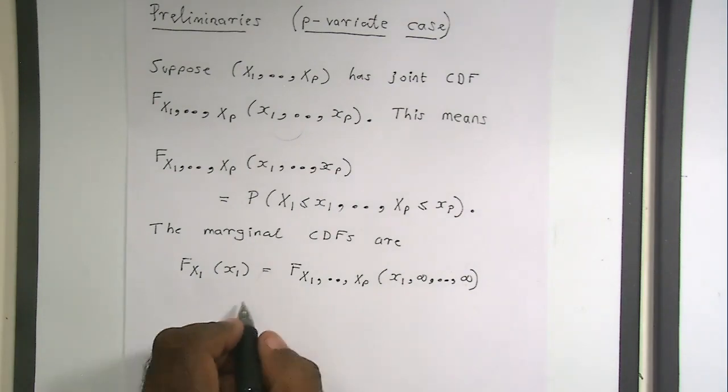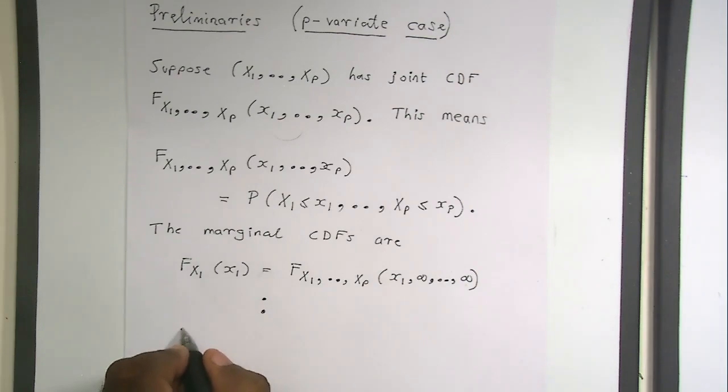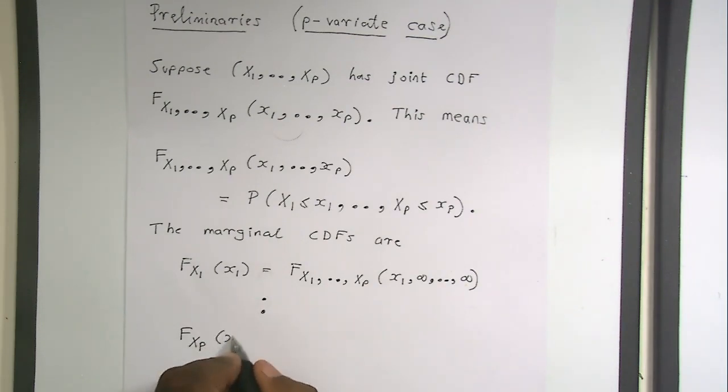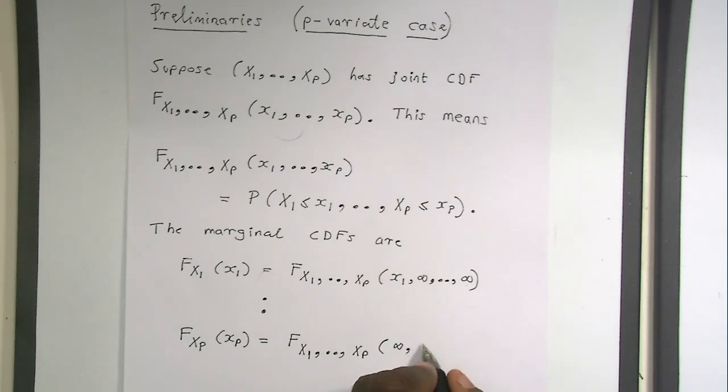And to obtain the marginal CDF of xp, you put everything equal to infinity except for the last one.